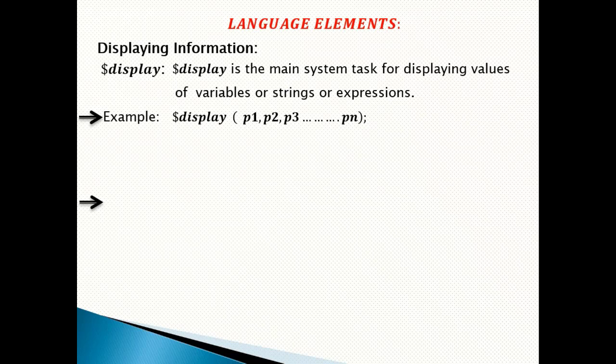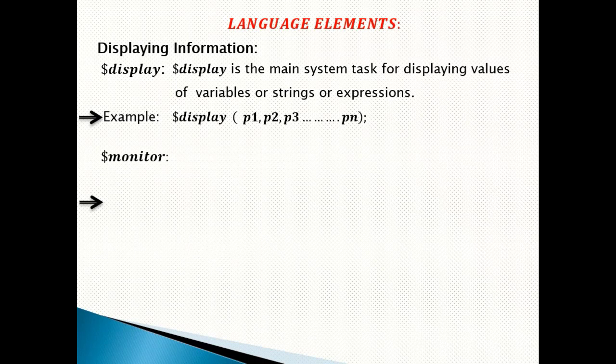For example, %d displays the variable in decimal, %b displays the variable in binary, %s displays the string, %e displays the real number in scientific format, %f displays the real number in decimal format, etc.